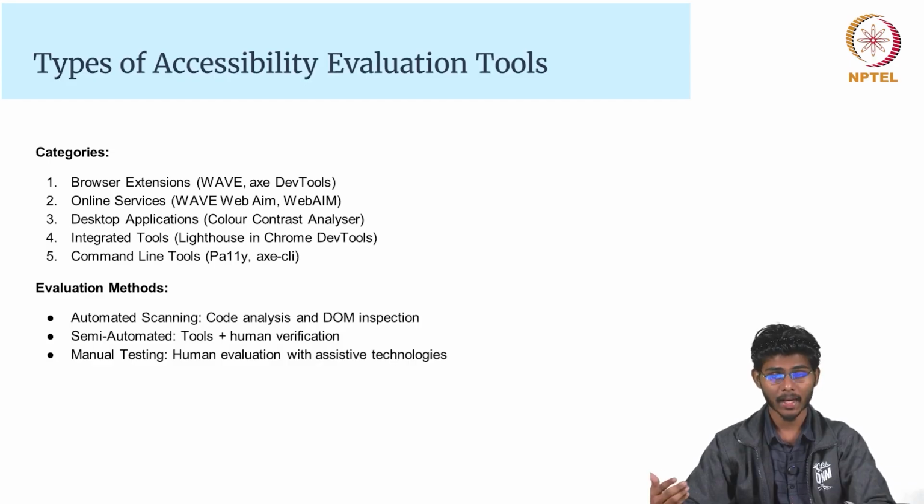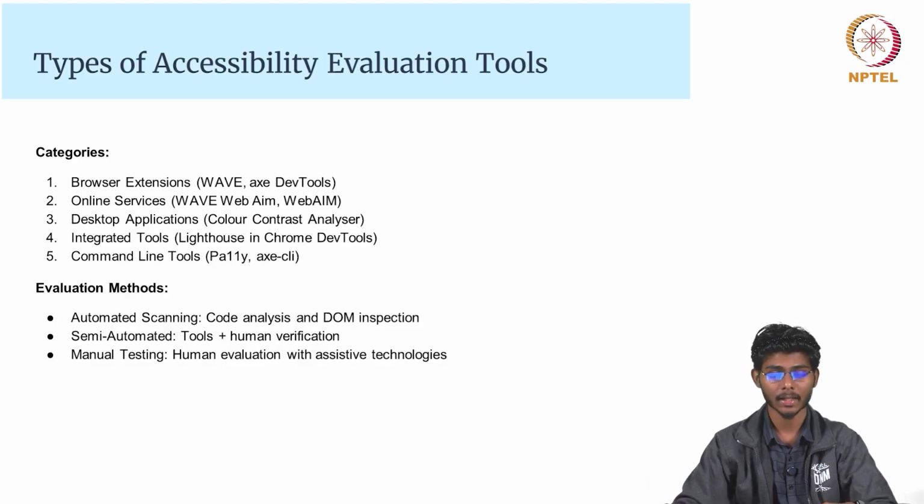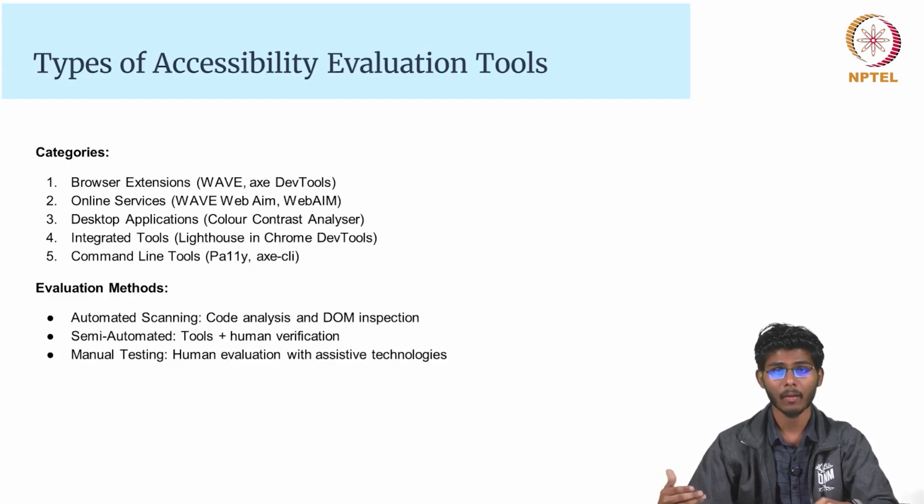These can be installed in web interfaces from many categories, such as browser extensions, online services, desktop applications, and also command line tools which are installed by default in web browsers. And how do these evaluation tools work from the front end, or evaluate the whole interface of the website?